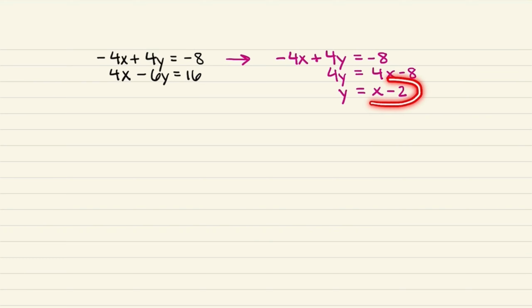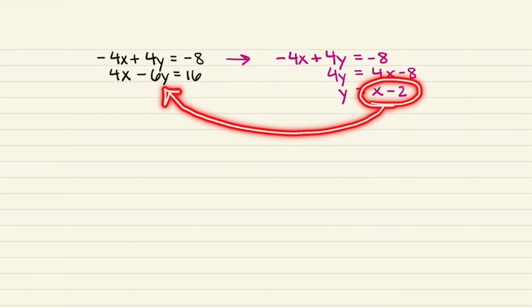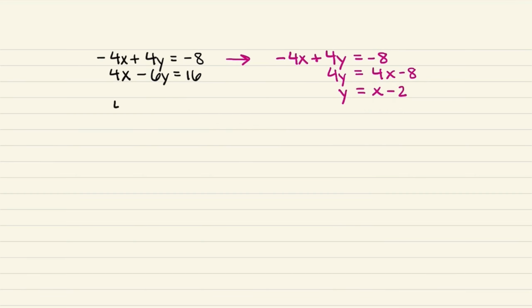So now we're going to take x minus 2 and plug it in for our y value in the second equation. 4x minus 6 times x minus 2 equals 16. Now we distribute. 4x minus 6x plus 12 equals 16.